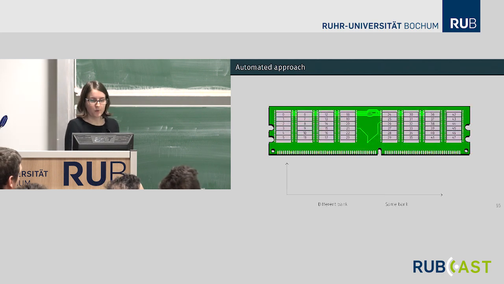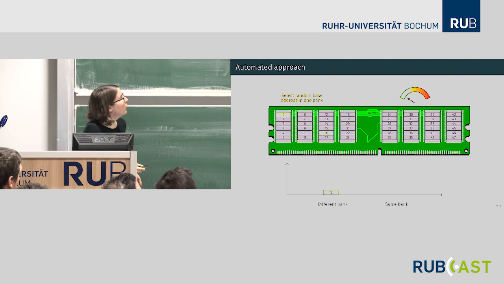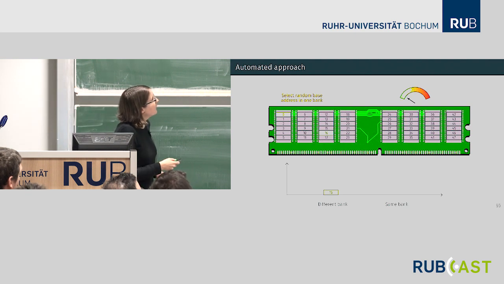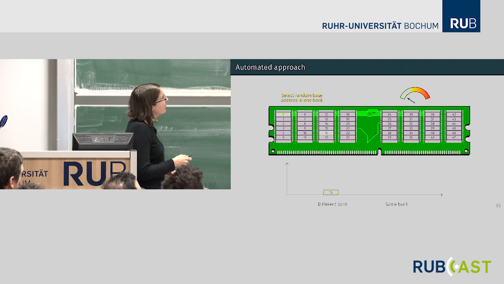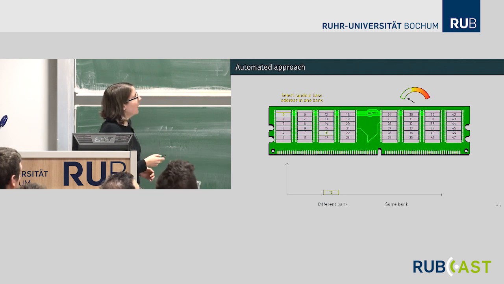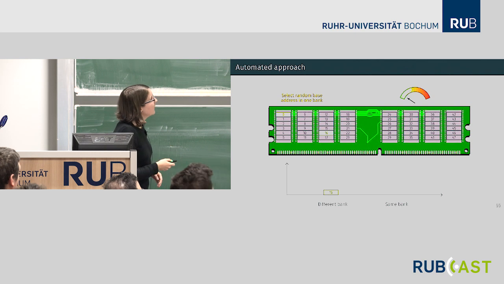In our approach, we start by selecting a random base address that will go into some bank. This is really a schematic, high level and simplified view of the DRAM. Here we have one bank, and row 0 is one row, then we have row 1, row 2, etc. So we start by selecting an address that goes into one bank.